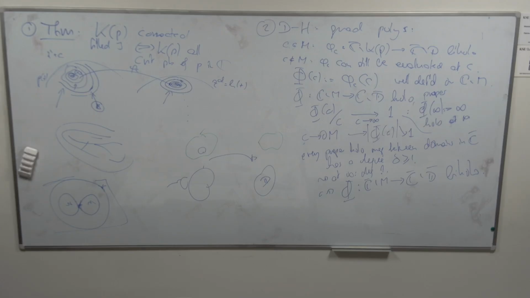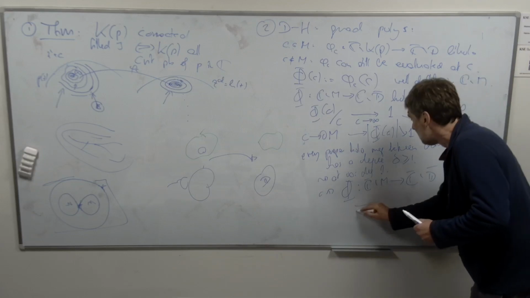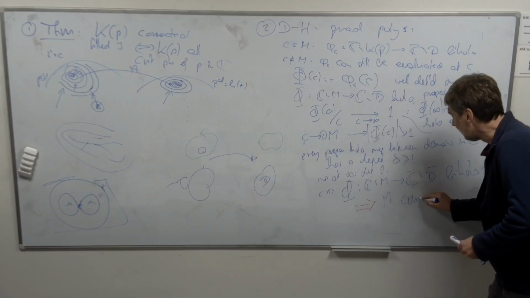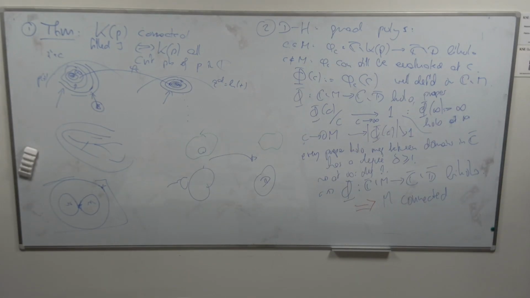Stronger, yes, and we'll use that. But for now, it's a homeomorphism, which is good enough to prove M is connected. Well, we're talking about the number of components in the complement.